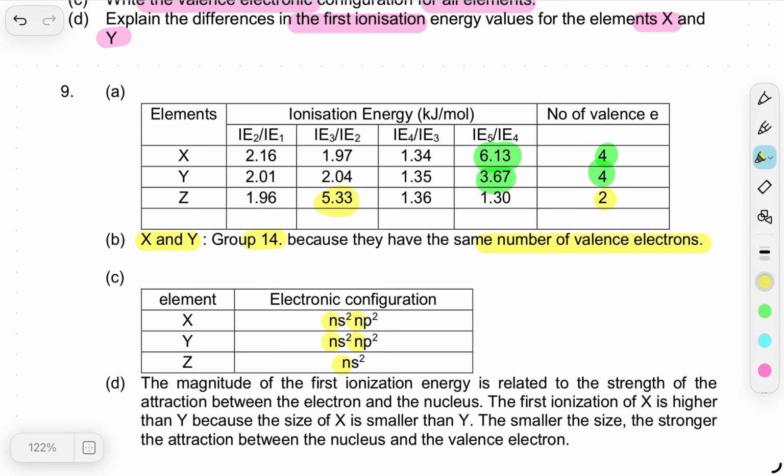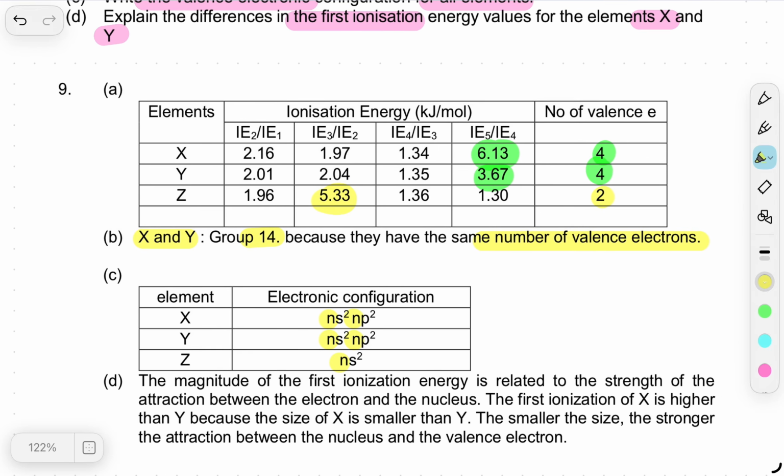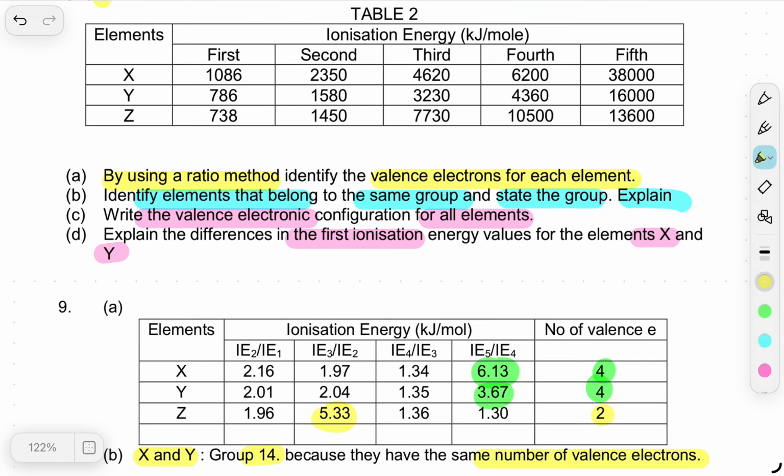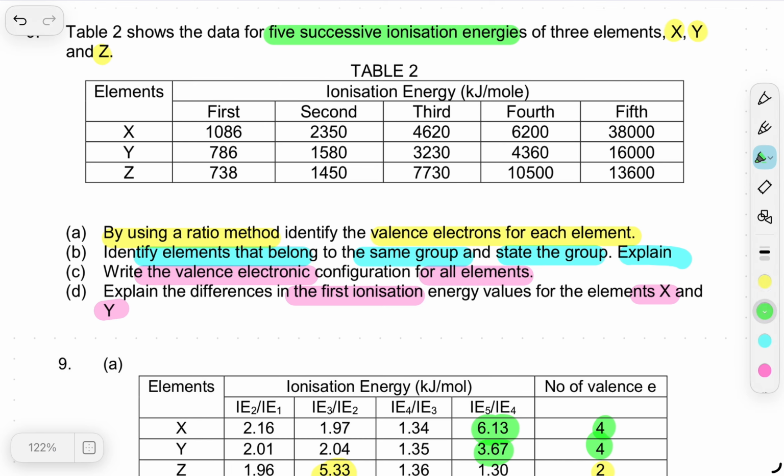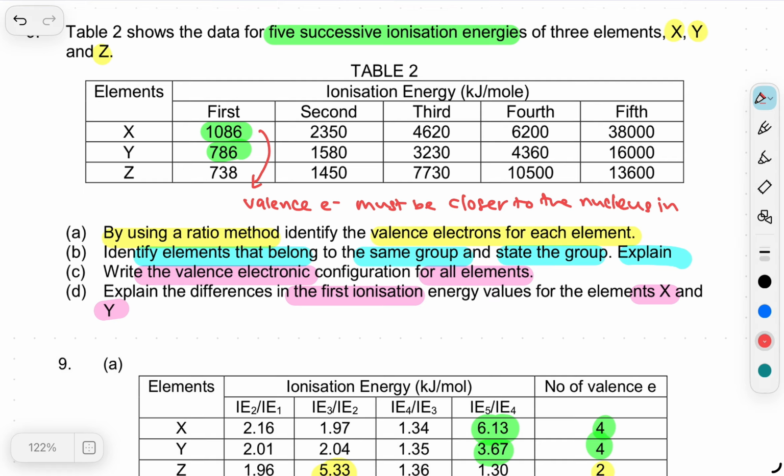And finally, explaining the difference in first ionization value of X and Y. Let's quickly look at the first ionization energy value for X and Y. The first ionization energy for X is greater than Y. So here we can already start thinking that the valence electron must be closer to the nucleus in X than Y. That's why the ionization energy is higher.